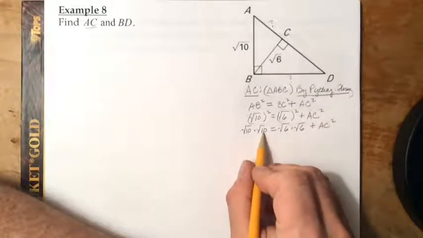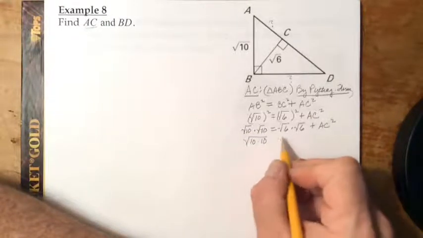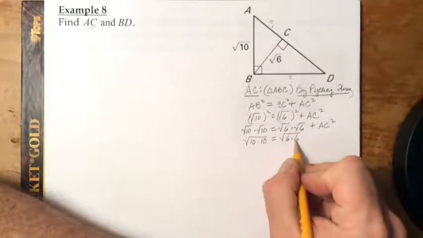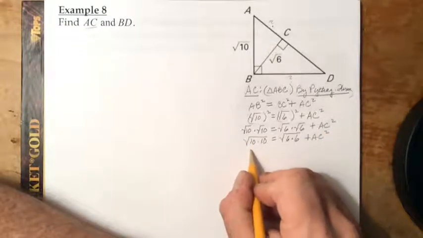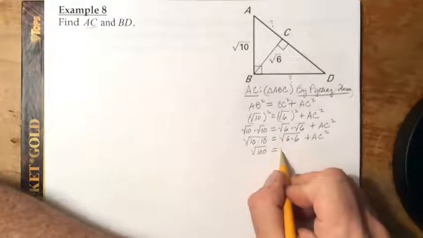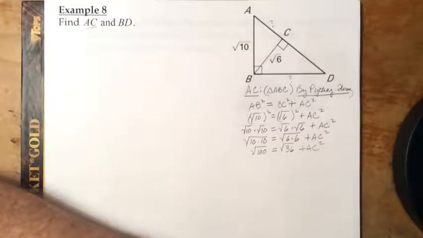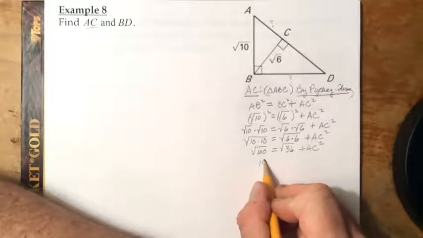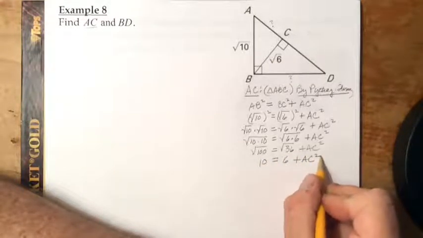The square root of 10 times the square root of 10 is the same as the square root of 10 times 10, just putting them together under one square root. Same thing here, the square root of 6 times 6, plus AC squared. The square root of 10 times 10 is the square root of 100, equals the square root of 6 times 6, which is the square root of 36, plus AC squared. Now, the square root of 100 is 10, equals the square root of 36, which is 6, plus AC squared.